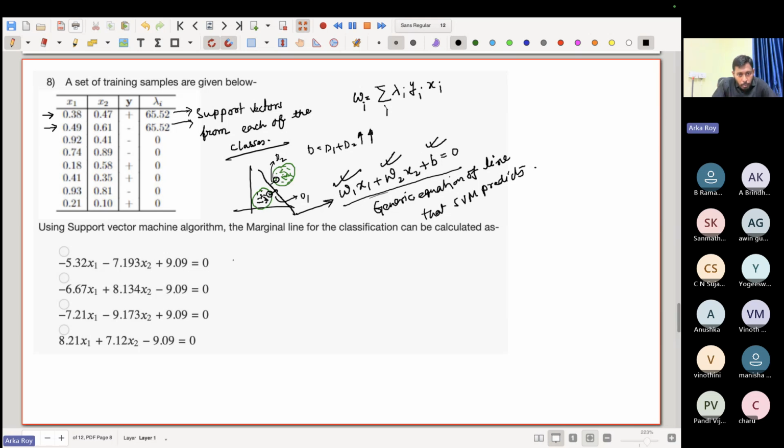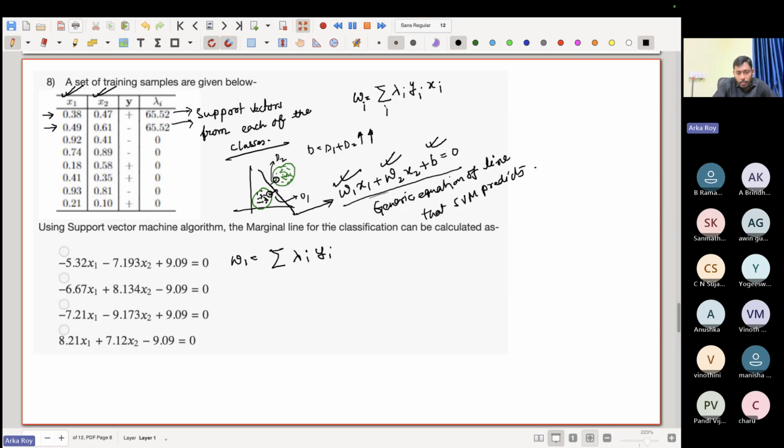To get the value of W1, we have already seen this particular equation, so we'll be using it. This is lambda i yi. Initially I was talking about x as a single dimensional value. Now we have two different dimensions, that is x1 and x2.